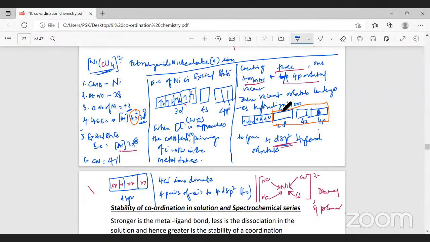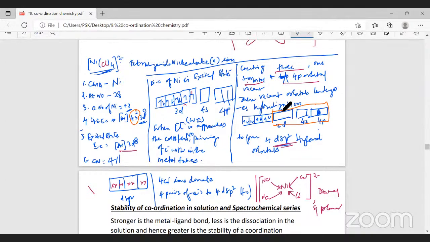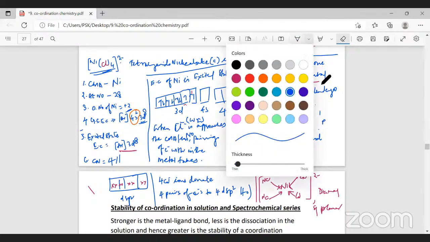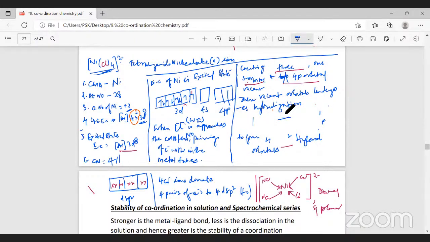So the vacant orbitals undergo hybridization. How do I represent that? I can represent it like this. This is d orbital. This will remain as such. 1, 2, 3, 4, 5, 6, 7, and 8.